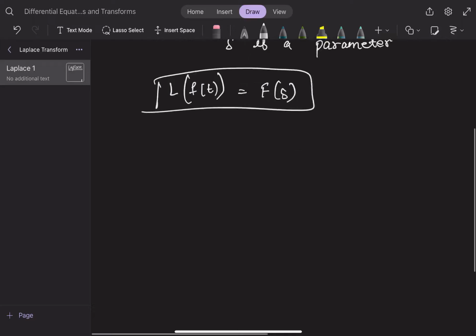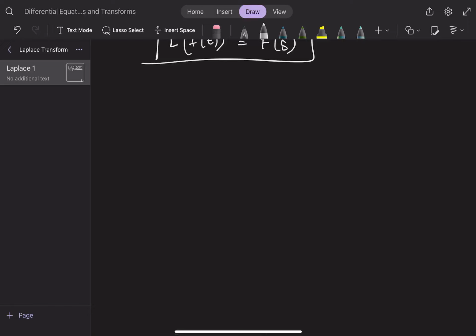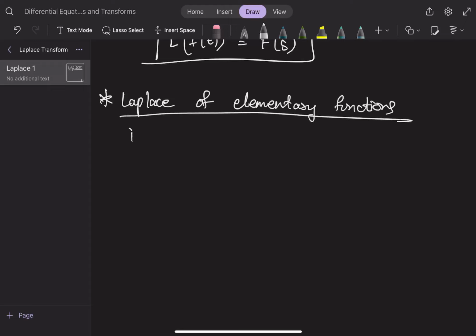So let's look at the Laplace of some functions. The first is if your f(t) is 1 or if f(t) is some constant called a.